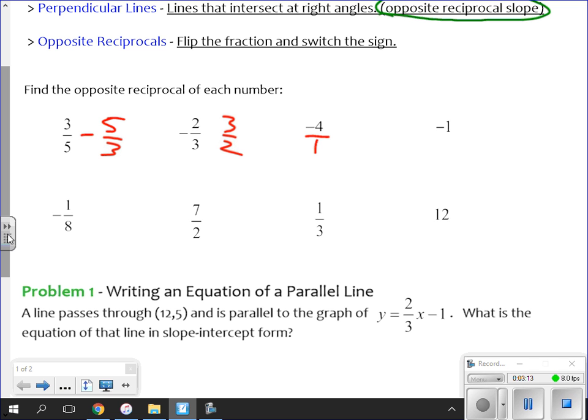Flip it over, change the sign to get 1/4. What about the next one? What's the opposite reciprocal of -1? Positive 1. Change the sign and flip it over, you get 1.